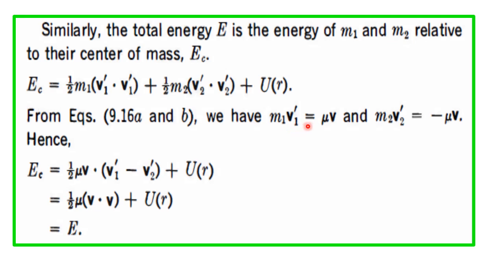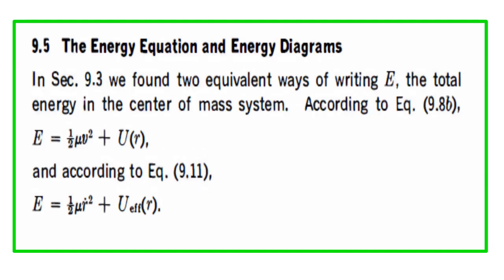And M1 V1 dash is mu V and M2 V2 dash is minus mu V, and putting the value of this, you'll get half mu V dot V plus U, that is nothing but E. So EC is equal to E, and we already know LC is equal to L. So the angular momentum about the center of mass is the same as the angular momentum, and the energy about the center of mass is also equal to E.